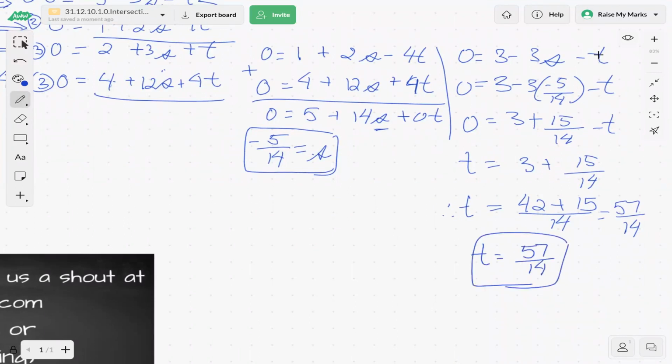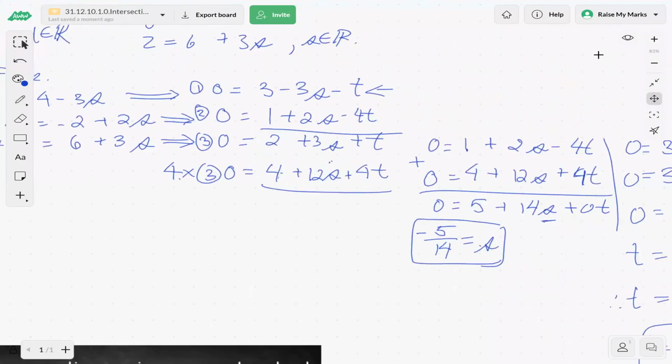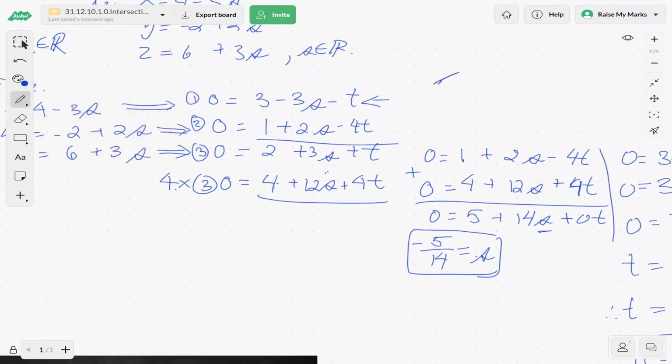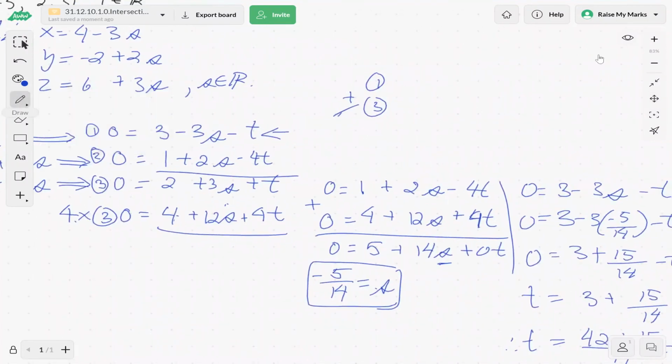All right, now let's see if that makes sense. May or may not. I'm a little skeptical, and the reason I'm skeptical is equations 3 and 1. So let's do a quick check. If we did equation 1 plus equation 3, I'm just writing them out again.